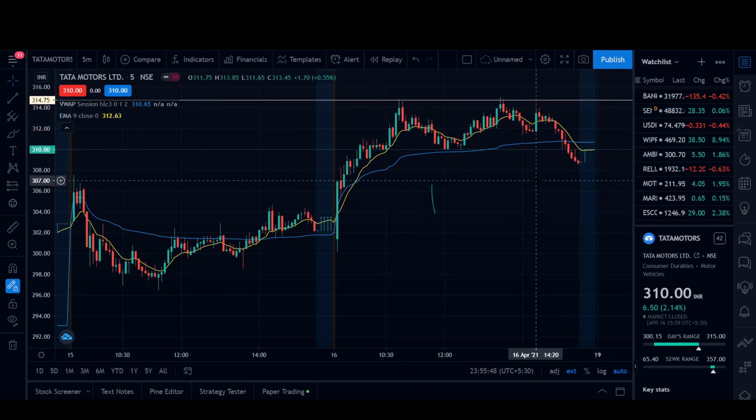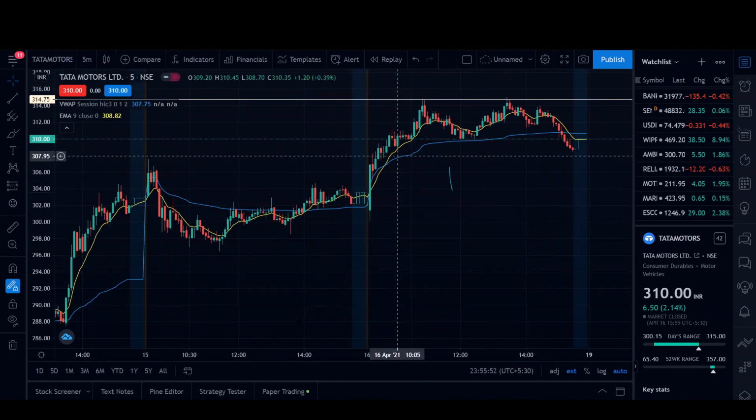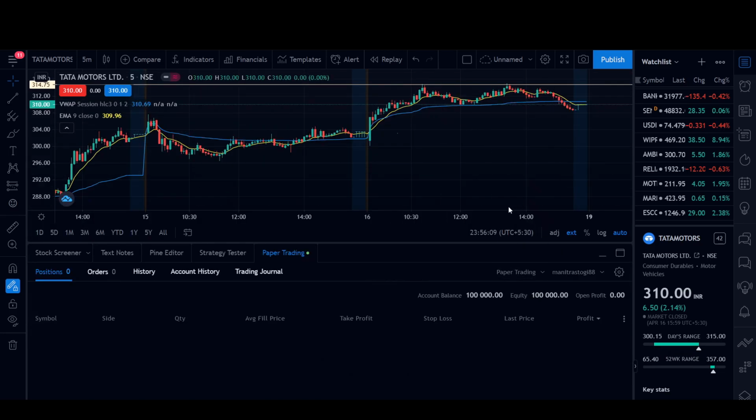So this was it for the VWAP and EMA crossover strategy. I will come out with a lot more different strategies. Now I want you guys to go and paper trade the strategy first before actually putting in real money. Paper trading is pretty simple. I'll show you guys. In TradingView, we have paper trading.